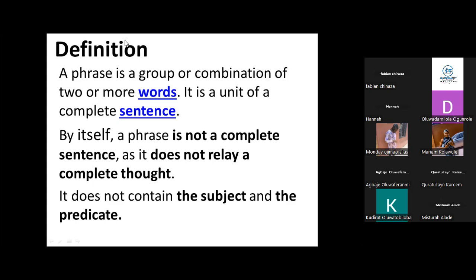So don't forget, a phrase is a group of two or more words, and it is a unit, a part of a complete sentence. To put it again, it cannot relay or pass across a complete thought. Rather, it depends on other parts of the sentence to have the thought expressed.